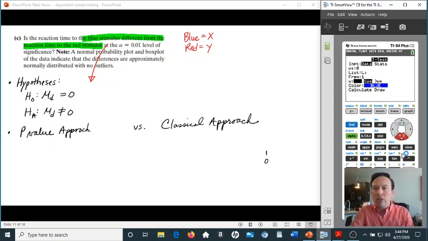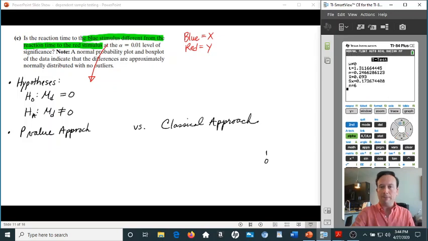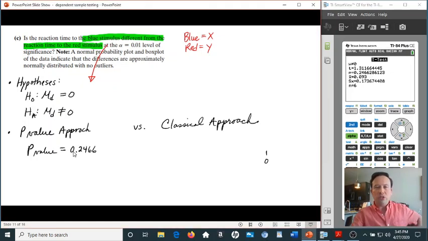The alternative hypothesis has a not equal to symbol, so you choose that. And remember, you have to choose the right one so you get the correct p-value. And then we're going to hit calculate. Okay, and the p-value is the third number down. So there we go. So 0.2466, or however you like to round.